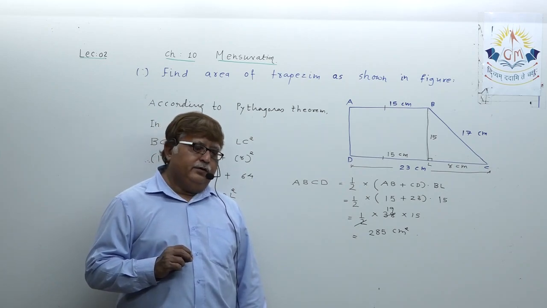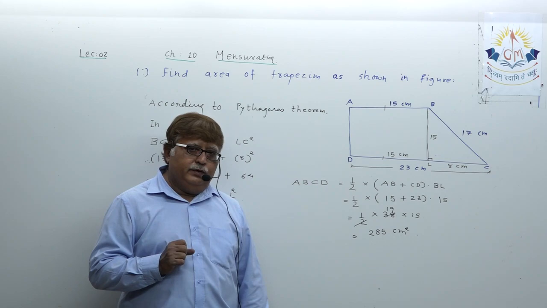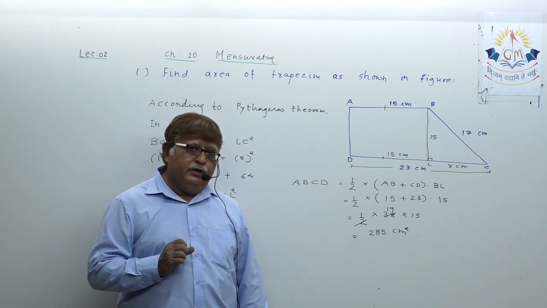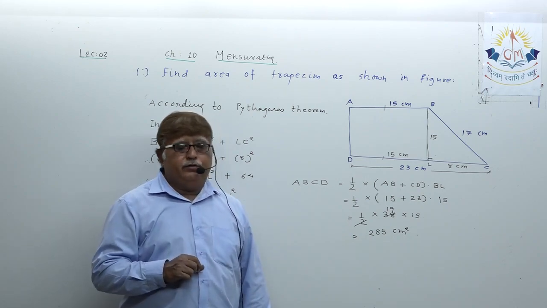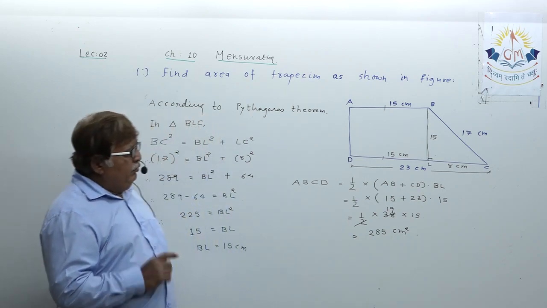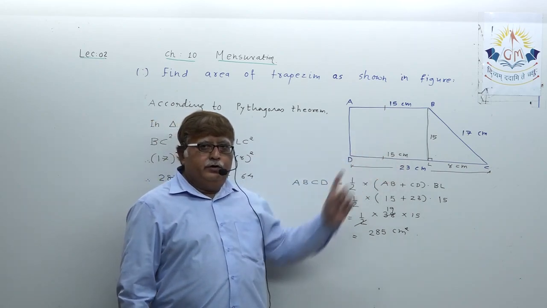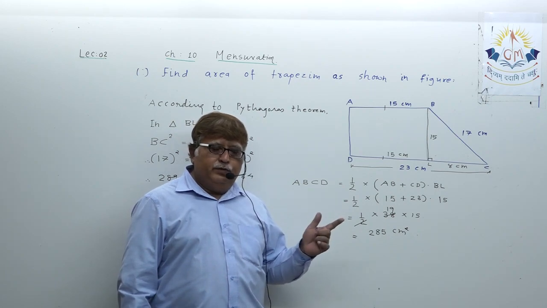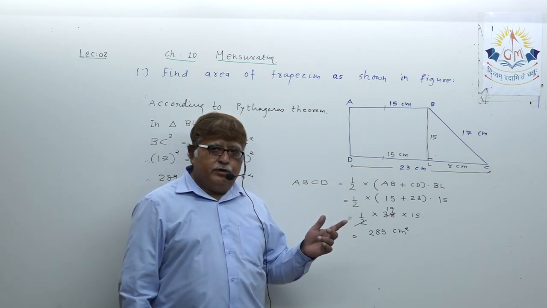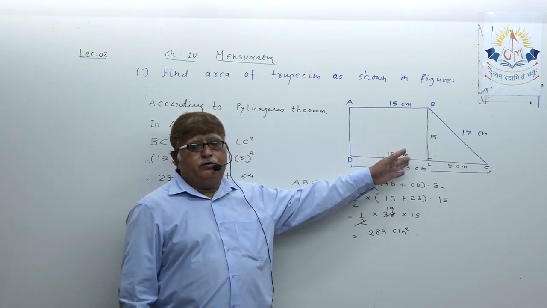Not only that, you should know the distance between both the parallel sides. In the previous lecture, we also targeted to find the distance between two parallel sides, where we tried to construct a triangle.